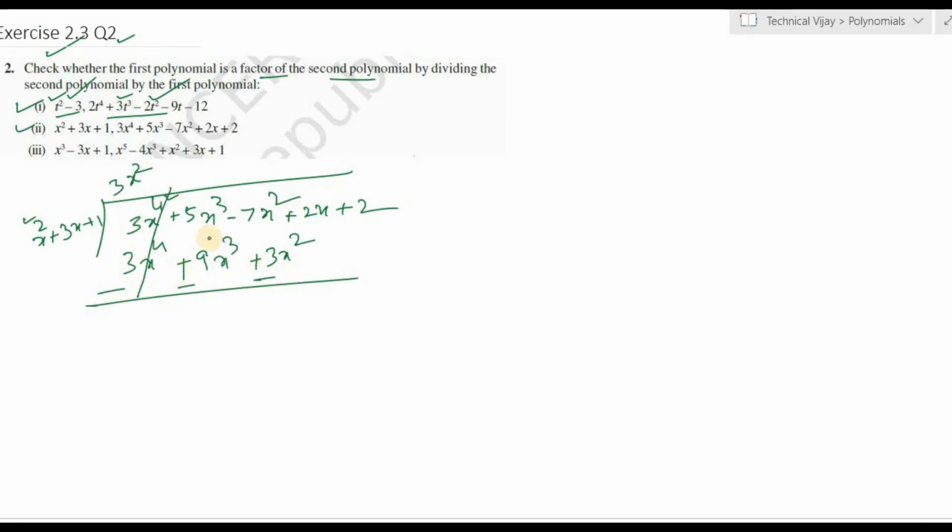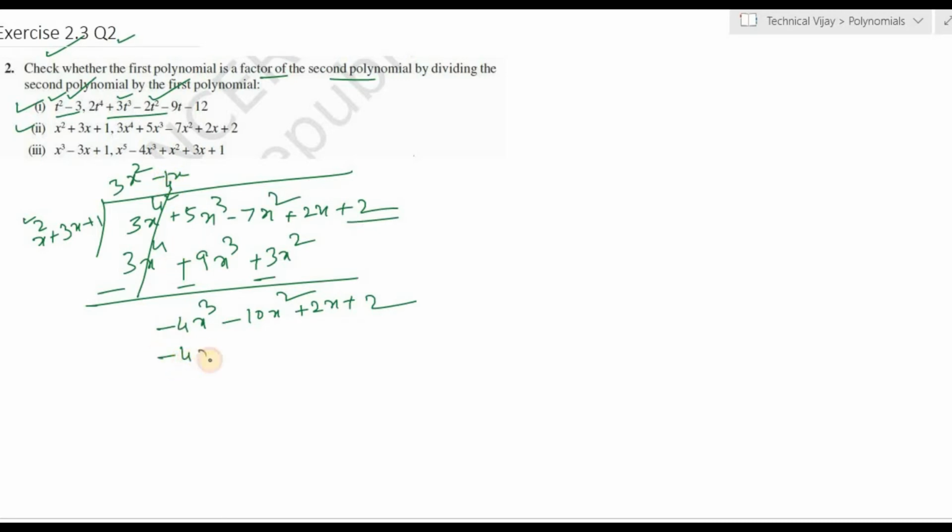So here minus. This cancels. So 5x cube minus 9x cube means minus 4x cube. This is minus, so minus 10x square plus 2x plus 2 as it is. Now minus 4x cube is there, so minus 4x.